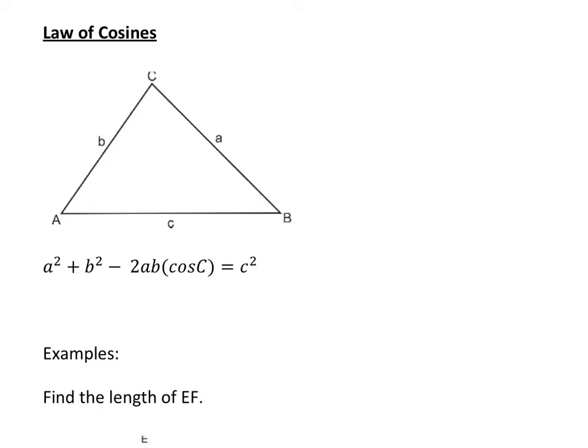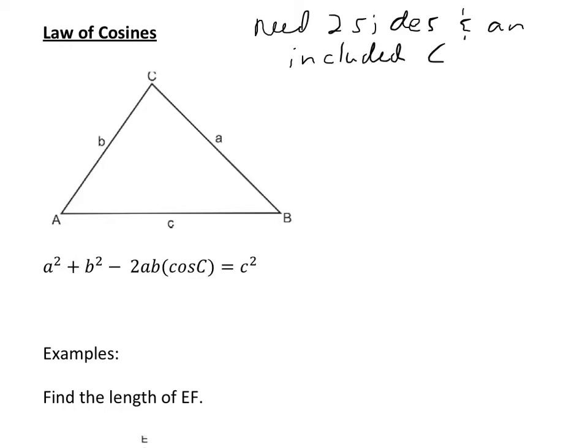Law of cosines has a different criteria: we would need two sides, that's an S here, sorry, two sides and an included angle, which basically means we'd have a 2, a 5, and a 60 degree.